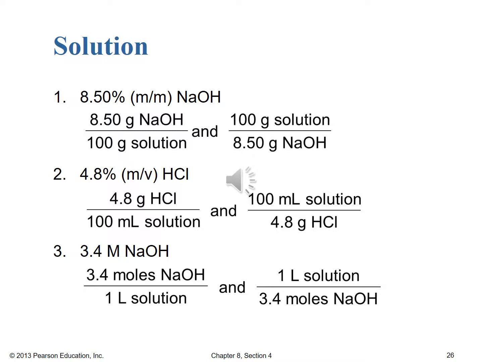Finally, our 3.4 molar NaOH solution would be either the more typical 3.4 moles NaOH per 1 liter of solution, the definition of that molarity, or if the problem calls for it, the inverse, 1 liter solution per 3.4 moles NaOH.